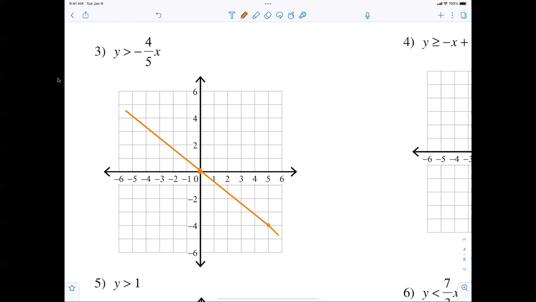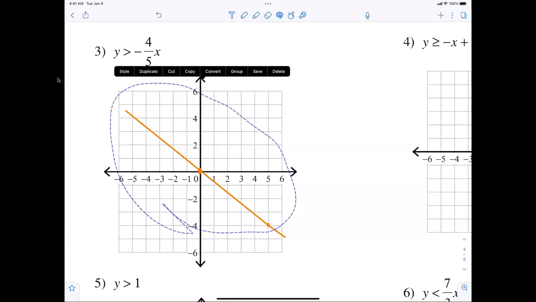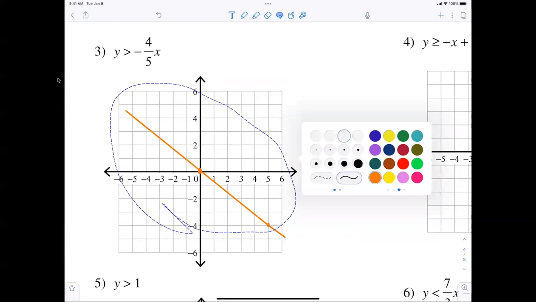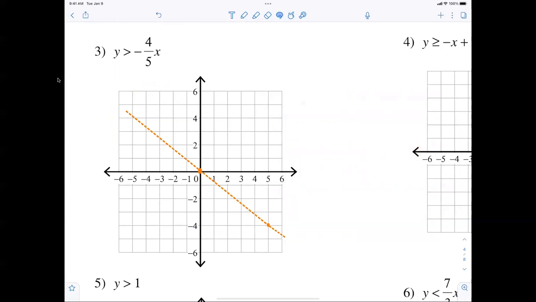Does everybody remember how to break the line? You can highlight it, tap it, style, and then convert the style. Does everybody see what I'm doing? And then you can change it over, and then just put arrows. And which way are we shading, guys? Top right. Above, correct?